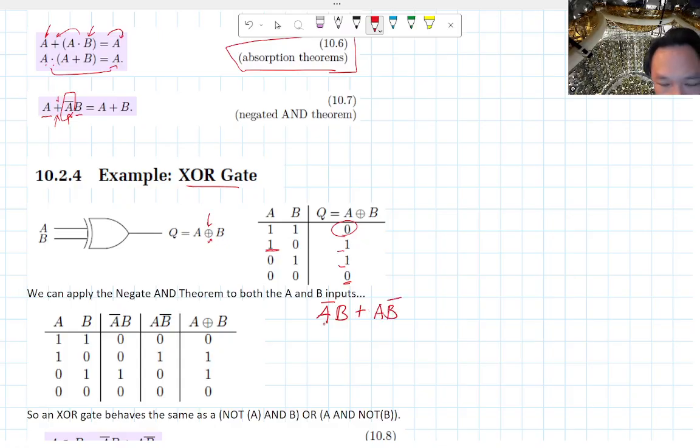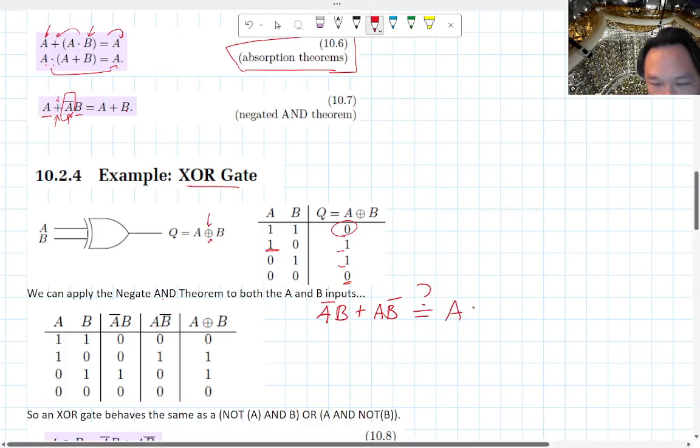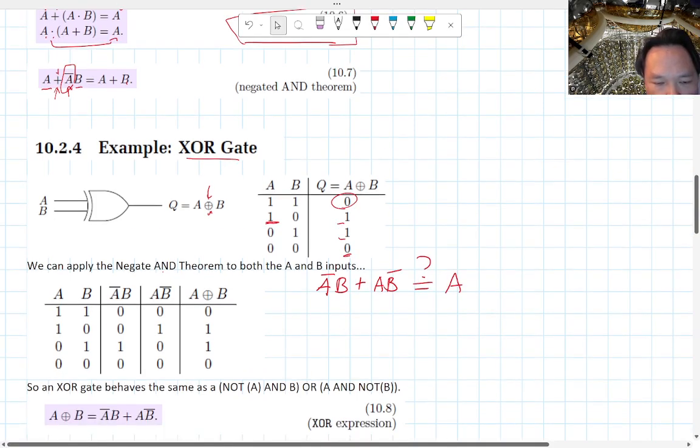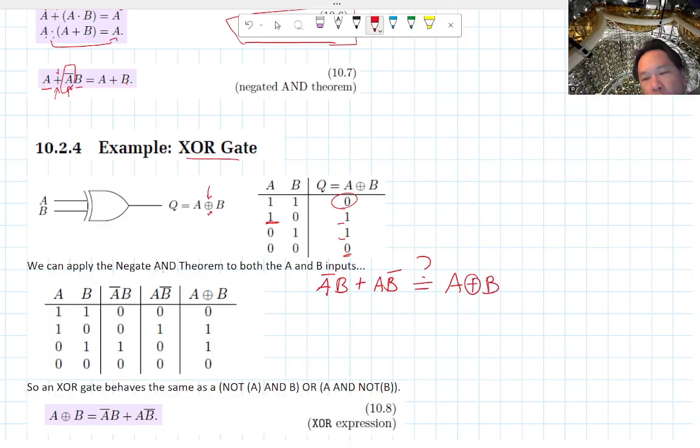I added the A, negated it, and put it in front of the B. That should be the same thing as what we had before. Then I put a B, negated it, and ANDed it, which should be equivalent to the right-hand side here. I'm going to check whether this is the same as the exclusive OR gate.